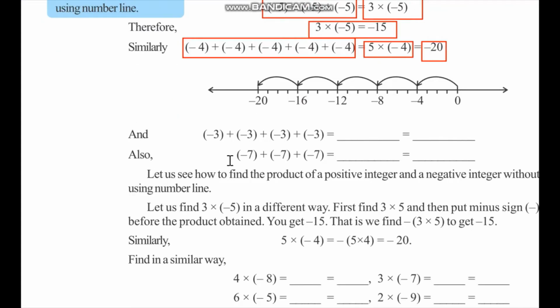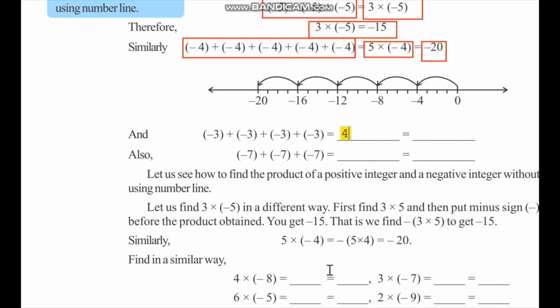Let us move on to this section here. We have some more examples where we need to write the repeated addition of the negative integer as the multiplication. So usually what we do is we count how many times the negative integer is repeated. In this case it is repeated 1, 2, 3, 4 times.